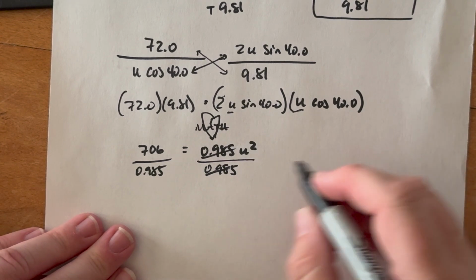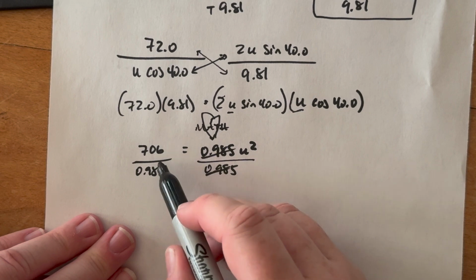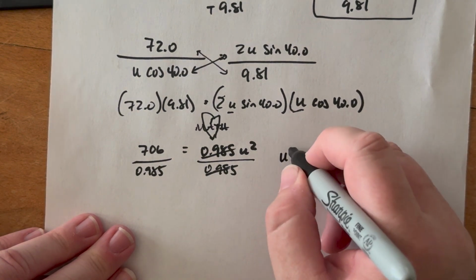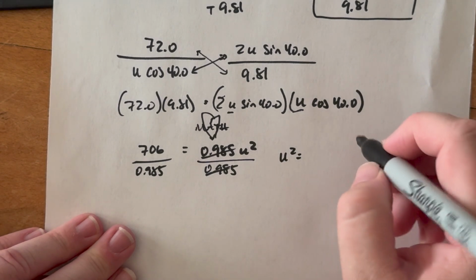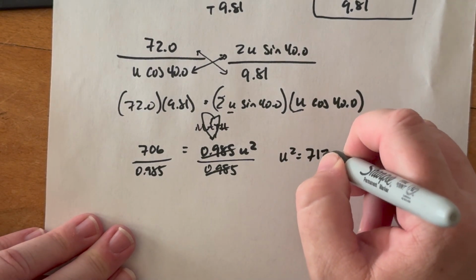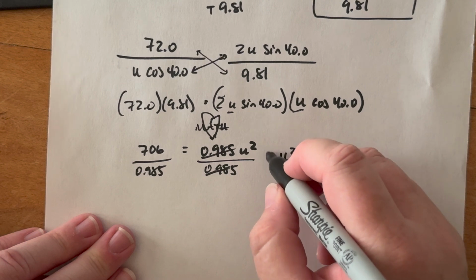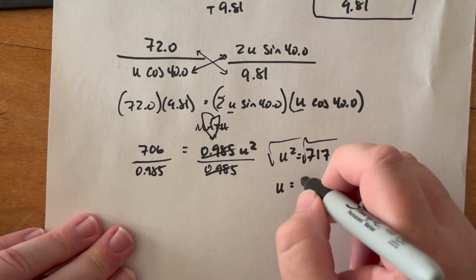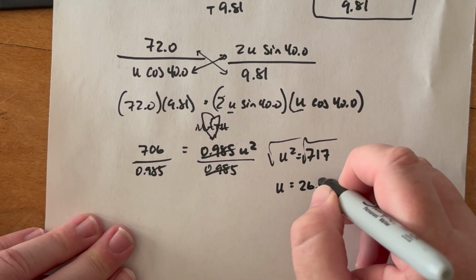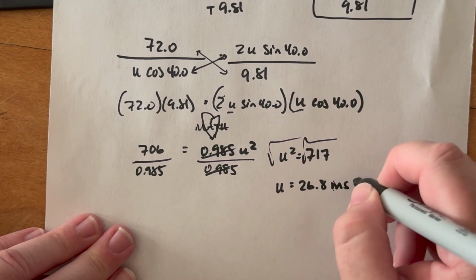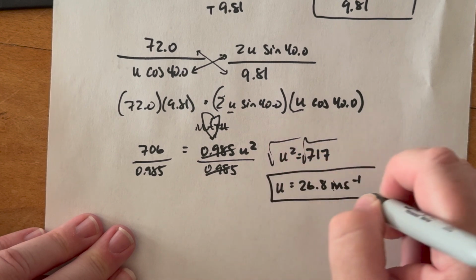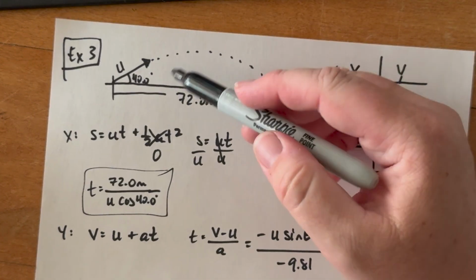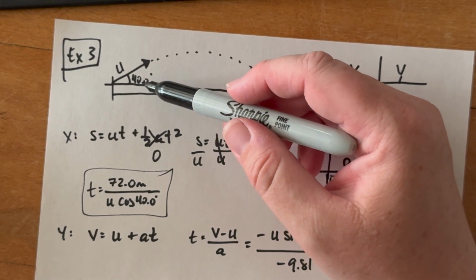When we multiply that out and then take the 706 divided by that, we get u squared is equal to 717. And when we take the square root of both sides, we get that our initial velocity is equal to 26.8 meters per second.